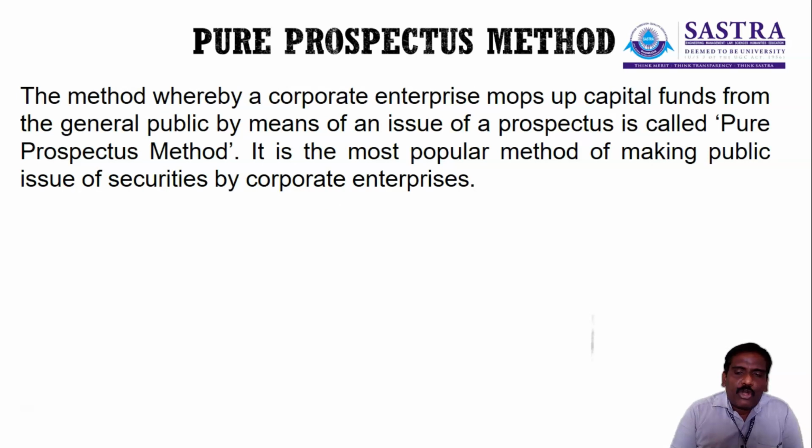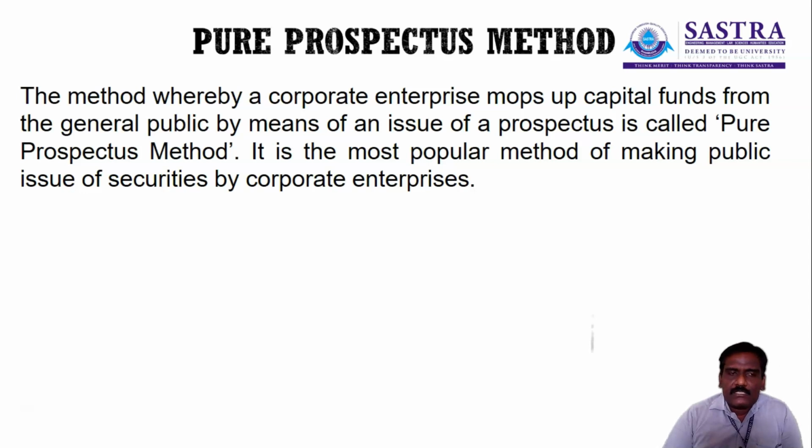The pure prospectus method. Under the pure prospectus method, corporate enterprises mop up capital funds from the general public by means of issuance of a prospectus, called the pure prospectus method. It's the most popular method for making public issues of securities by corporate enterprises.